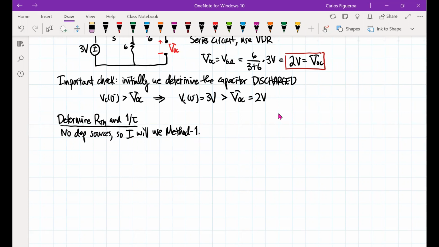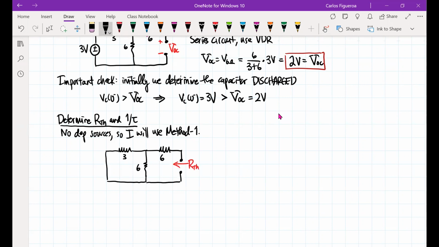What I'm going to do here is short out the voltage source. So the 3-volt source is gone. Then I have this resistor right here, here's my 3, here's my 6, here's my 6, and here's the open right here. I've shorted out the voltage source. So here's 3, 6, 6, and I am looking right in here as my Thevenin voltage source.